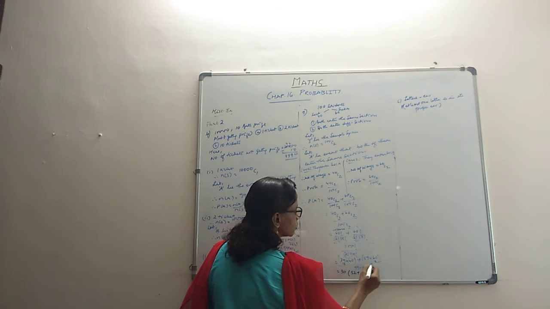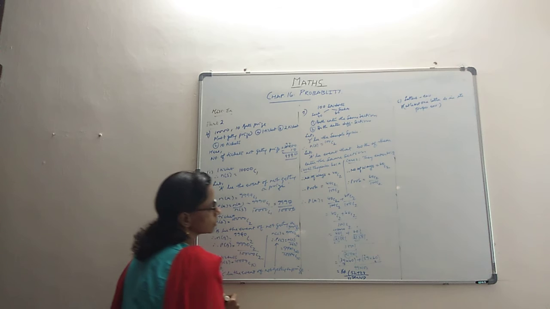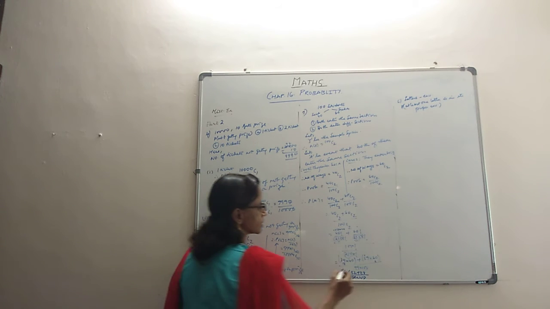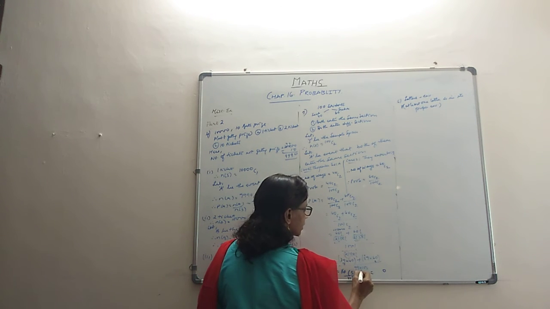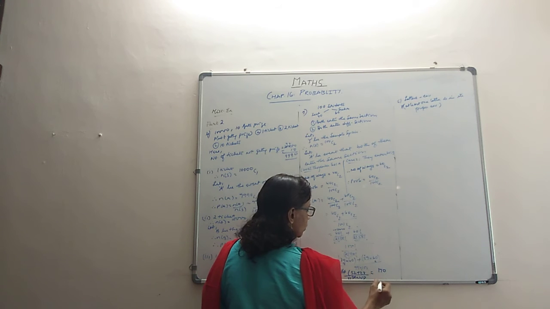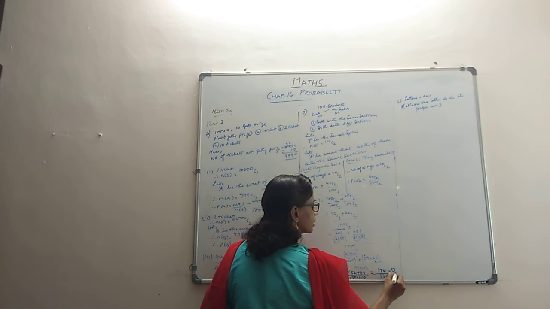So 59 into 2 is how many? 9, 2s are 18, 1 carry, 5, 10, 11, 118 by 99 into 100, out of which 0 can cut, 3 can cut, 33 times. Right. Now let's add this and see how much is coming. 8 plus 2, 10, 1 carry, 6 and 1, 7. 170 by 30 actually. Cut, 17 by 33.